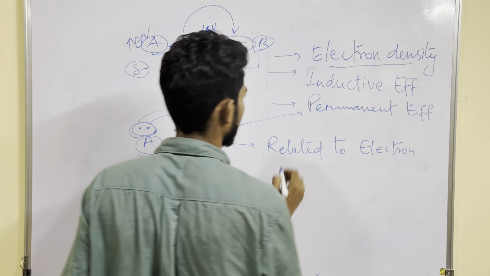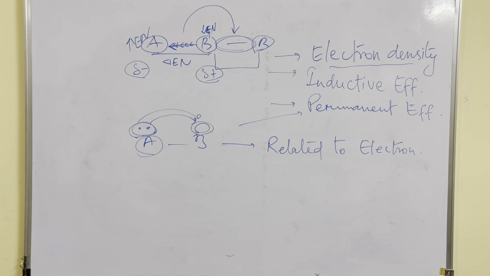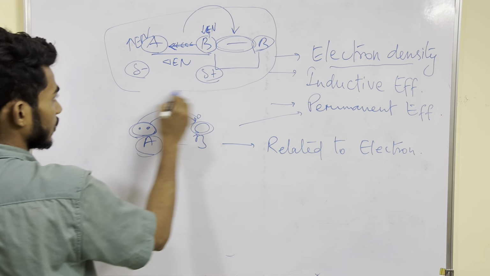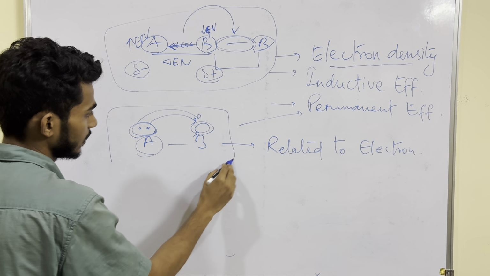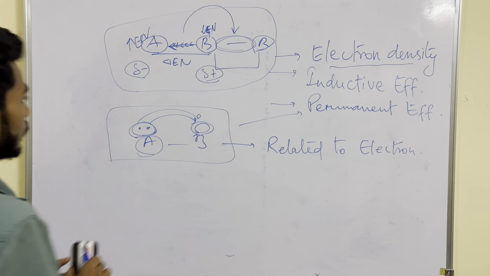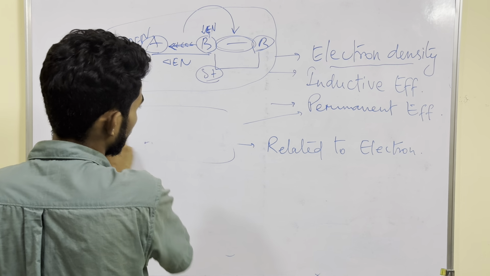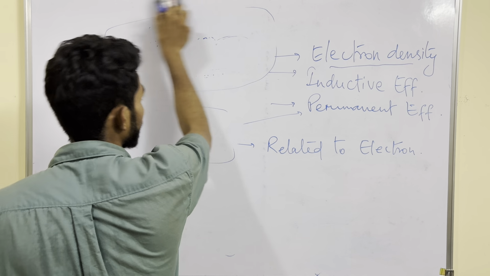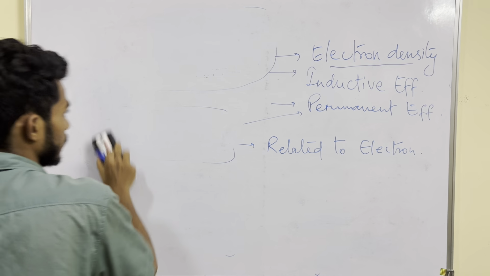Both are permanent. The next thing I want to tell you is that the inductive effect causes an increase or decrease in electron density, but the mesomeric effect will directly cause an increase or decrease in the number of electrons in the ring. This will ultimately affect acid strength, basic strength and the stability of carbocation.